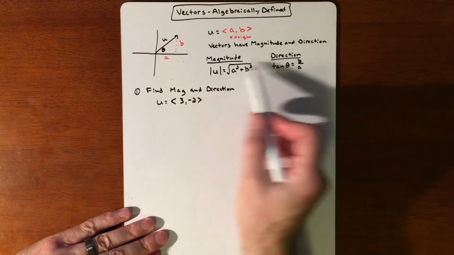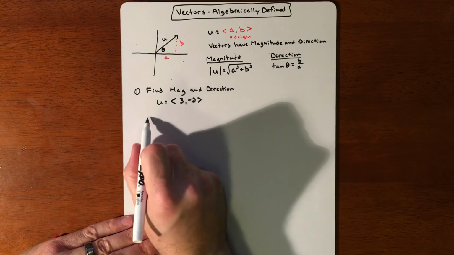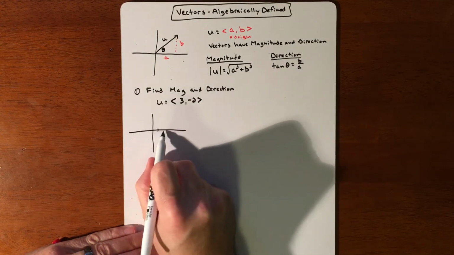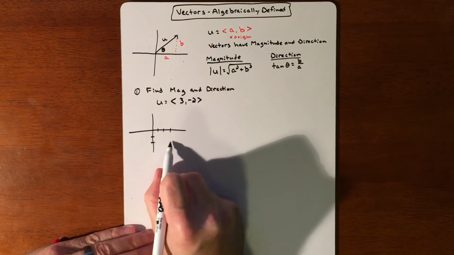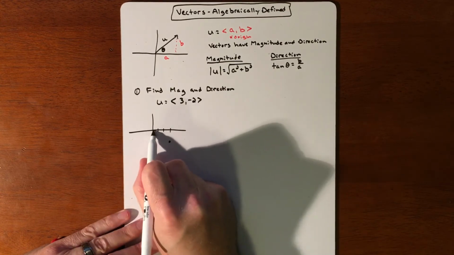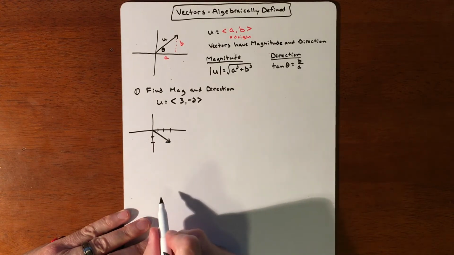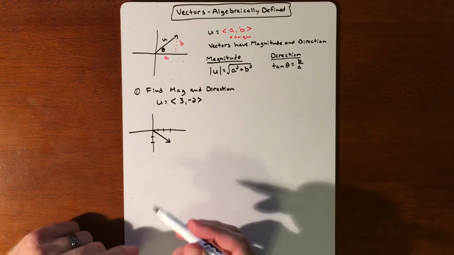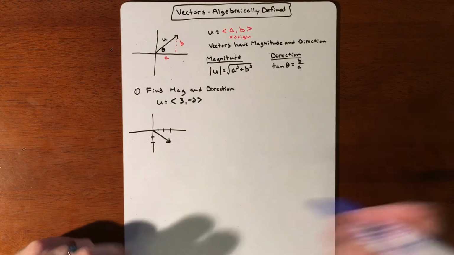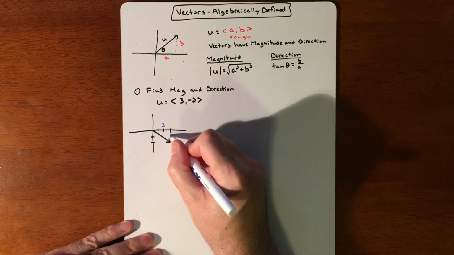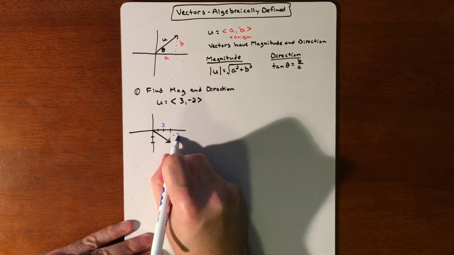I don't need to memorize these things at all. I'm just going to draw a picture and just use the trig that I already know how to do. So we'll go 1, 2, 3, 1, 2, plot our point, and that is the vector that we're talking about. All right, so we're looking for what is the magnitude and what is the direction. So we'll label some of our pieces. This is 3. If we make a right triangle out of that, that's -2.